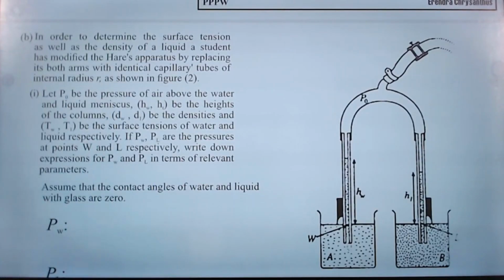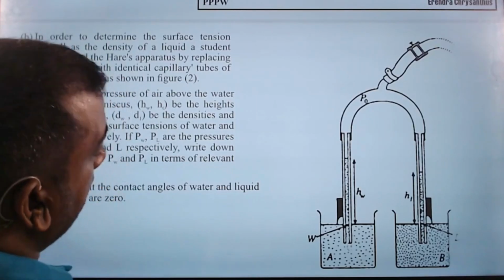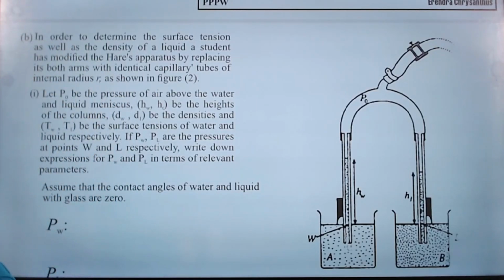Right. Part B. In order to determine the surface tension as well as density, a student has modified this experiment, replacing both arms with identical capillary tubes of internal radius r.